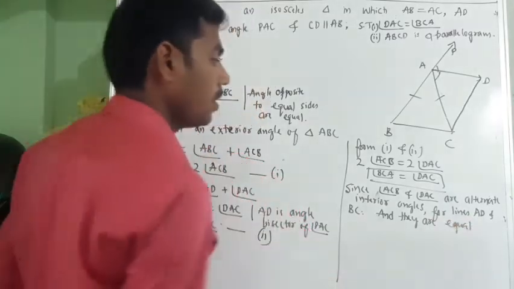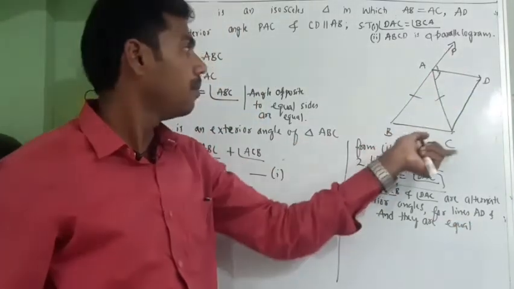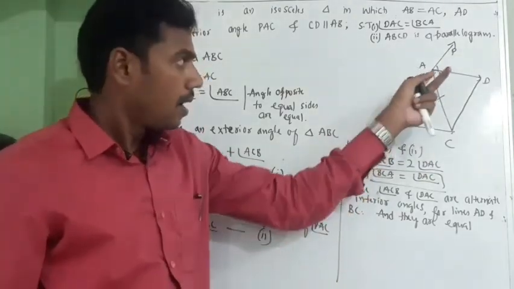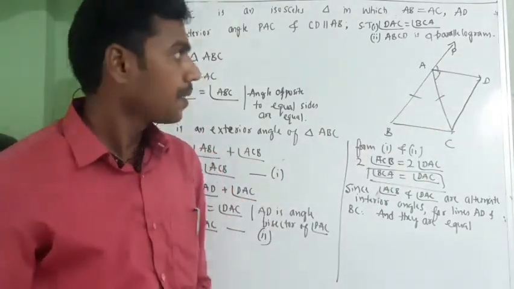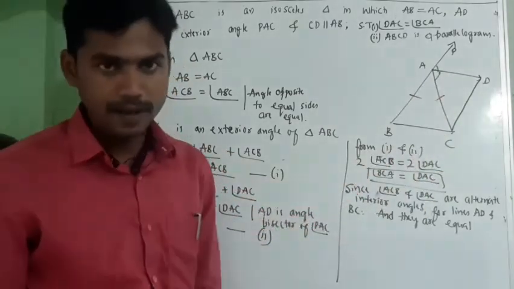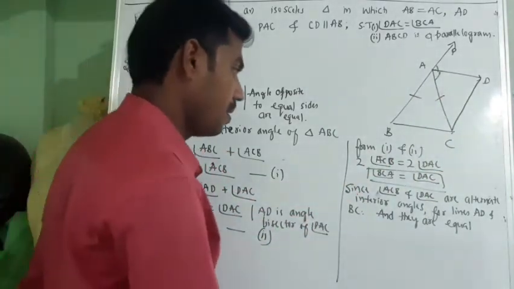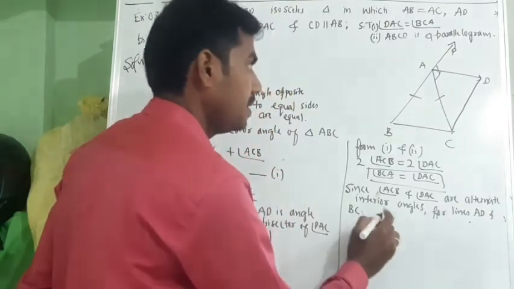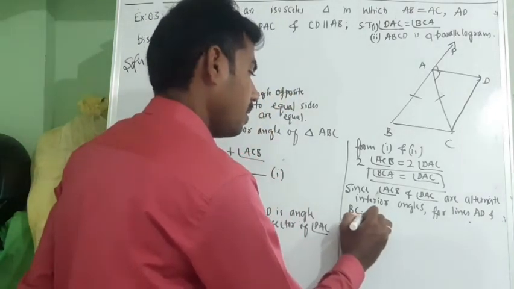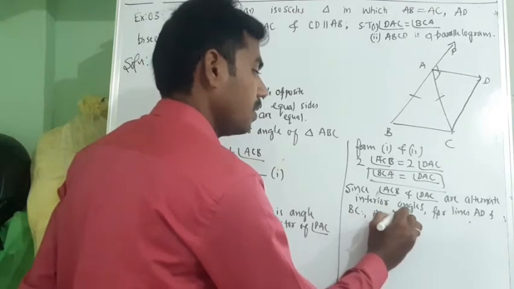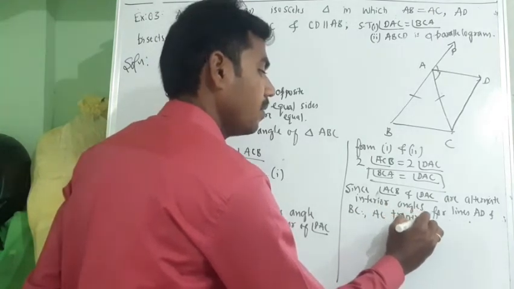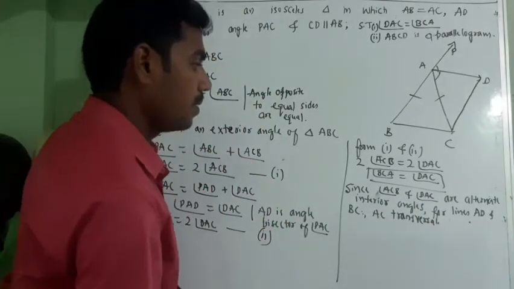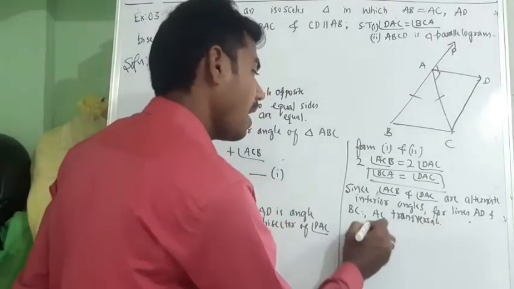See what I can conclude: ACB and DAC are alternate interior angles for line segments AD and BC, with AC as the transversal, and they are equal.